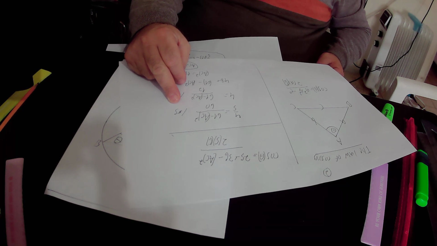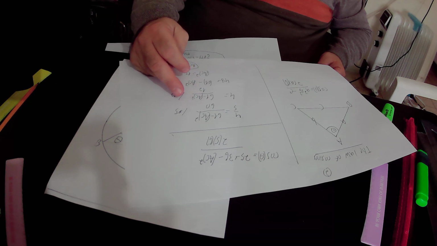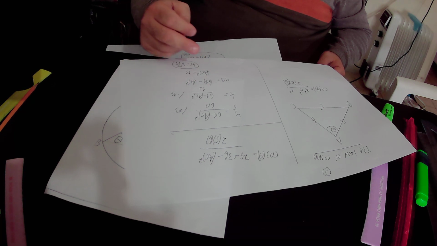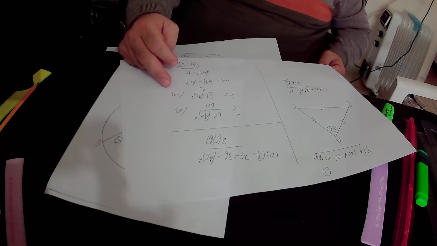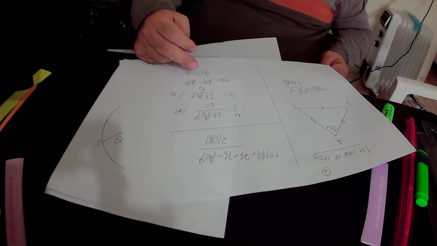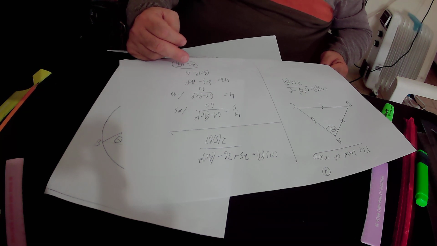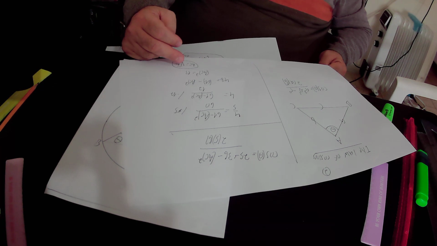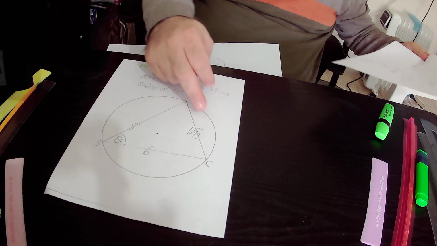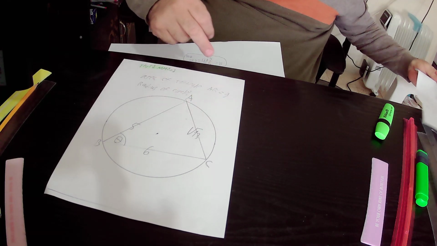So 4/5 times 5 is 4, and 60 over 5 is 12. So 4 equals 61 minus AC squared over 12. We multiply by 12 and get 48 equals 61 minus AC squared. 61 minus 48 is 13, so AC squared equals 13. That is to say, AC equals the square root of 13 units.